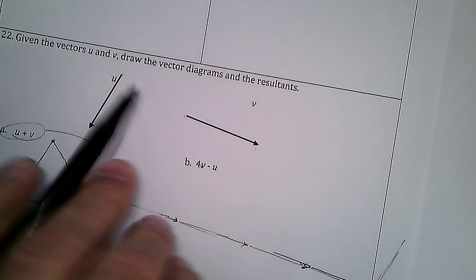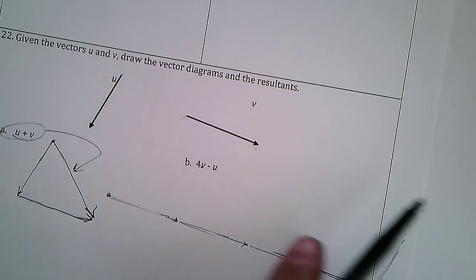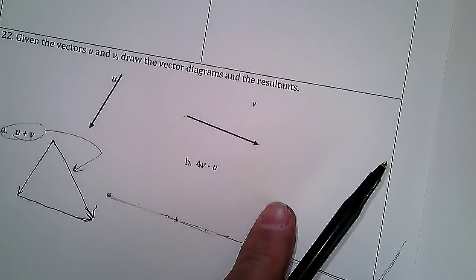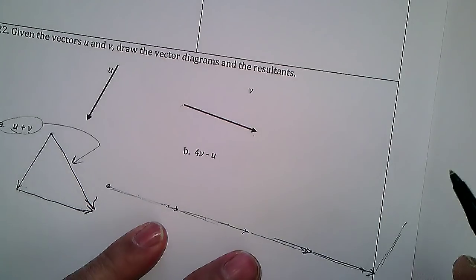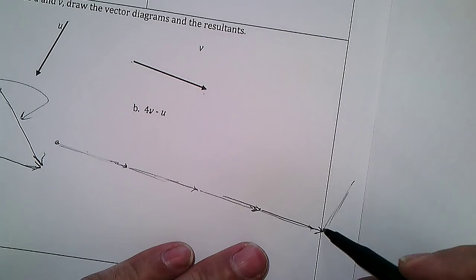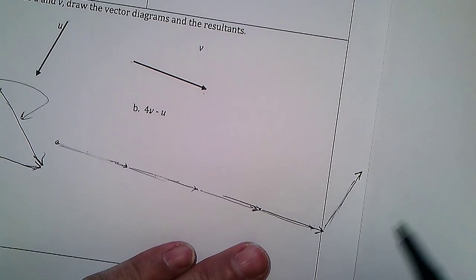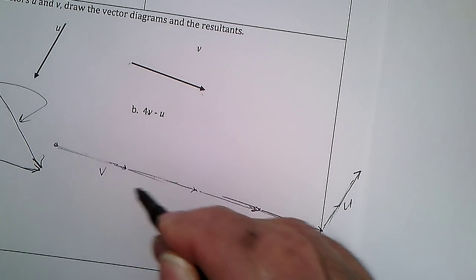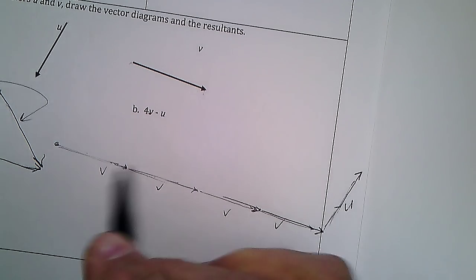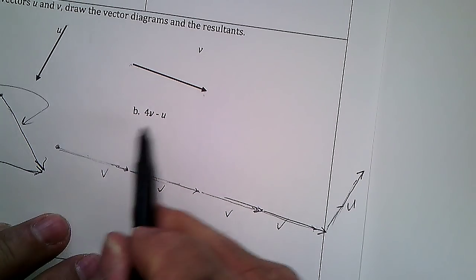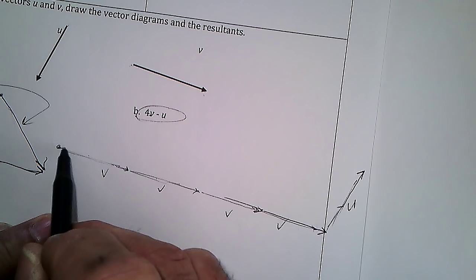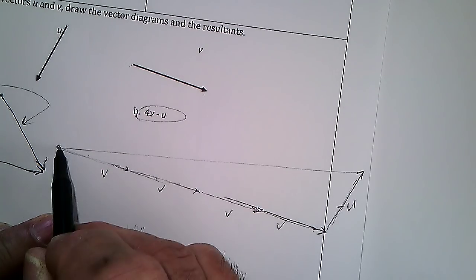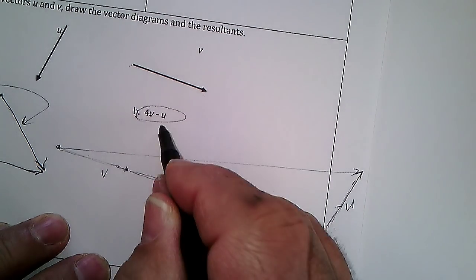And it's got to be parallel to this. Looking like it's the same angle over here. So up, and that's about how long U is. So that's a minus U, and this is a V, V, V, V. So we got 4 V's minus U, and this vector here goes from where we started to where we ended.